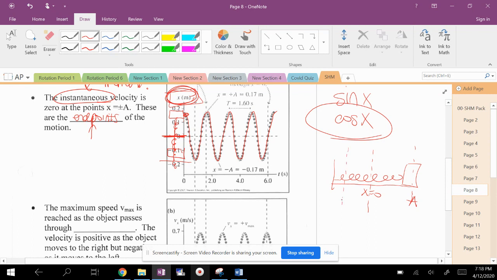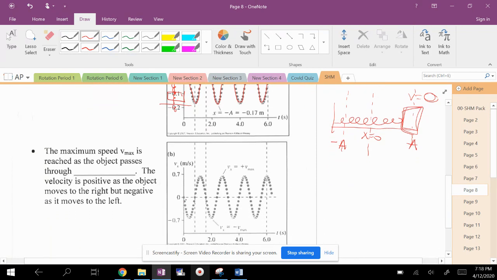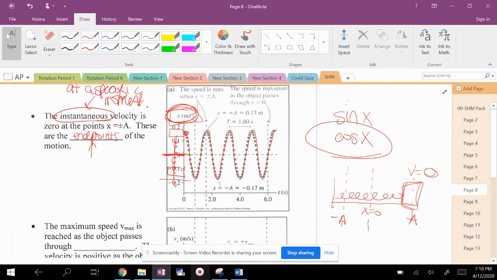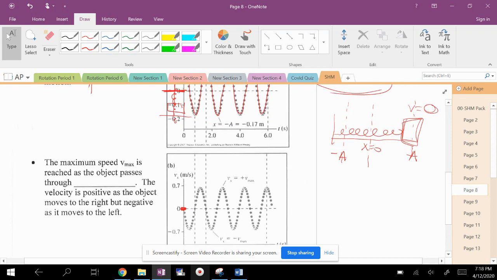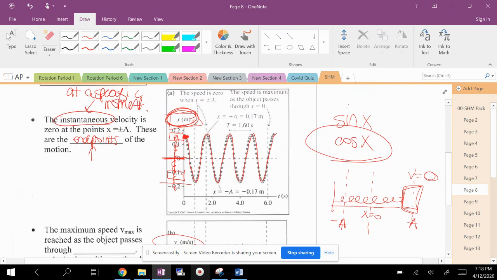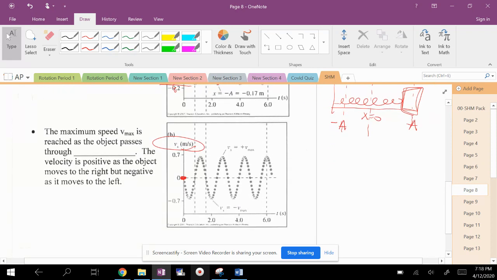And let's say this is the other endpoint, negative A. If we're starting right here, what is the velocity at this point? And you should know that it's 0, right? So here's your graph. Velocity is equal to 0 when my amplitude is here at t equals 0. So this is the matching velocity time graph of this position time graph.